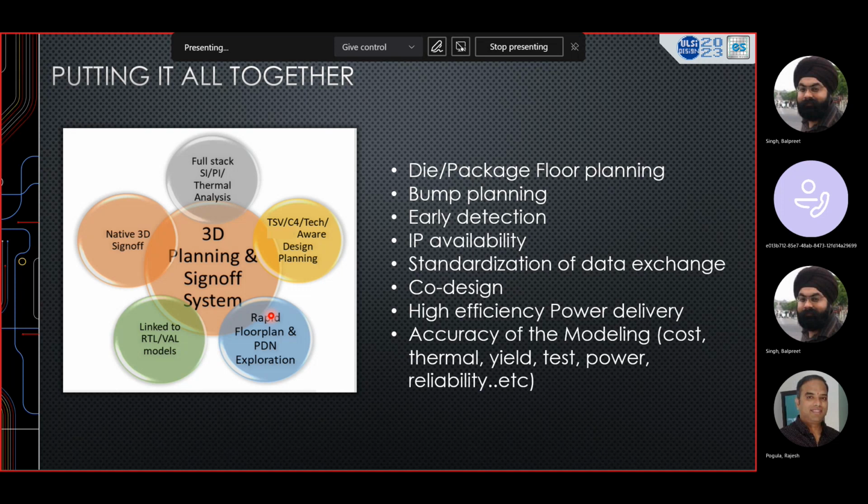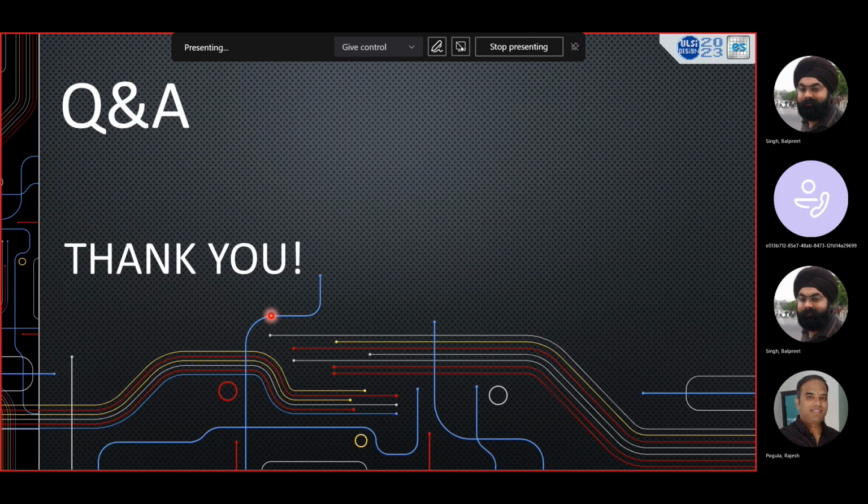Wafer level testing is one example where you verify upfront in the wafer testing itself, then you put the chip together. At least you will minimize the number of issues you might see, right? Or we need to create some kind of standards, right? When this chip is talking to this chip, we create that standard so that we understand what we're talking about, right? So with that, I'm open for questions and maybe all of us can take questions, right?